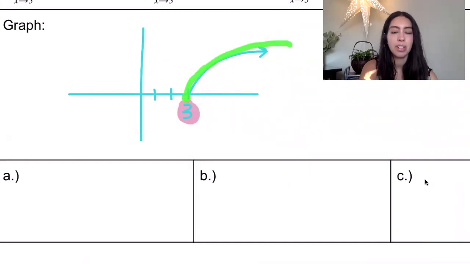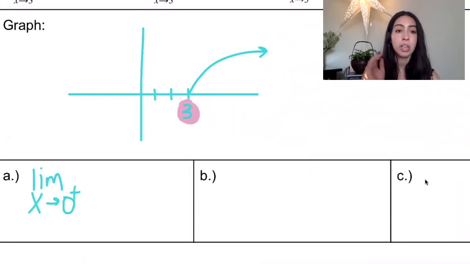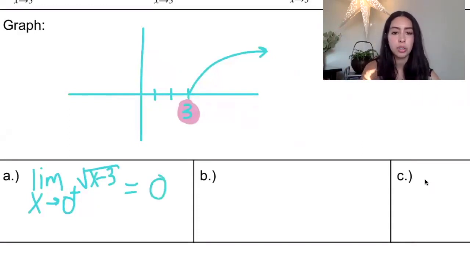It ends at y equal to 0. So this tells me that my limit as x approaches 3 from the right of the function, I can either write f of x, or since I know what f of x is equal to, I can write the square root of x minus 3 there. I know that's going to equal 0 because that's the direction it's headed towards.